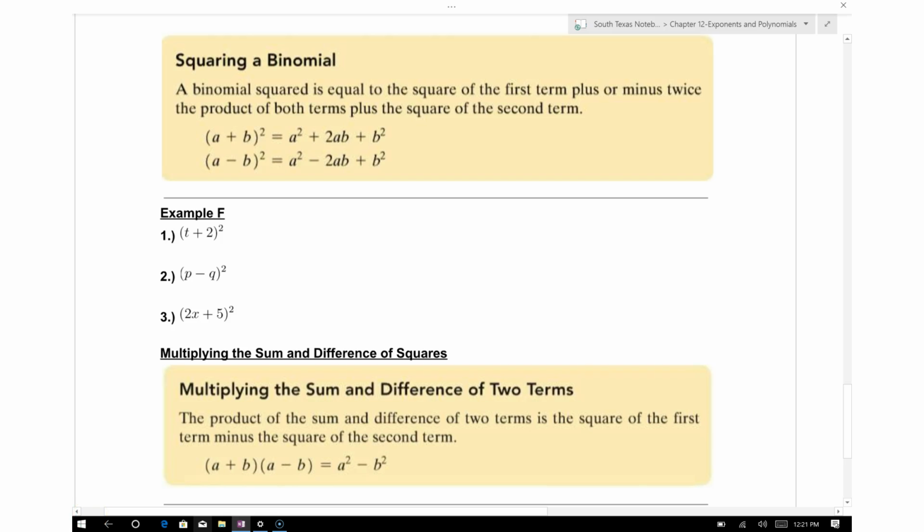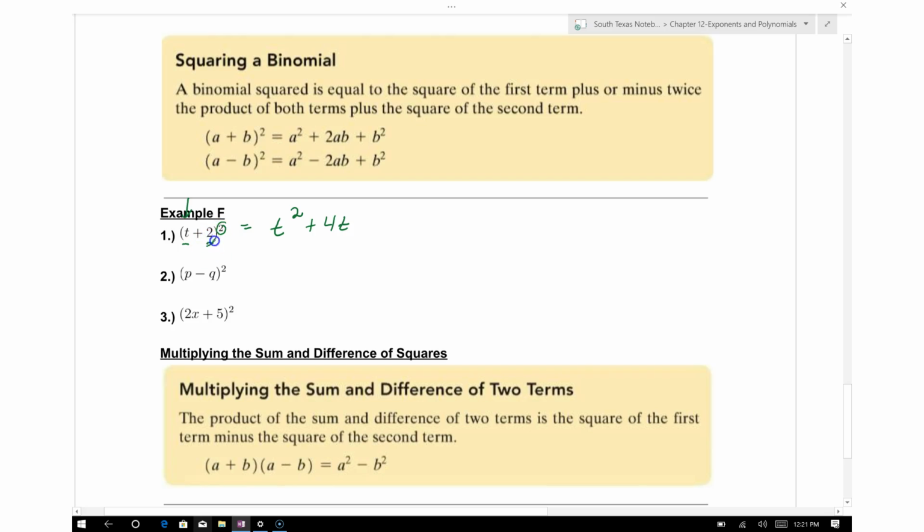I'm going to show you a way to multiply a binomial that is squared. What you do is you get the first term, and what are you going to do with the first term? You're going to square it. And then you get this term and this term, and multiply: 2 times 2 is 4, times t is 4t.